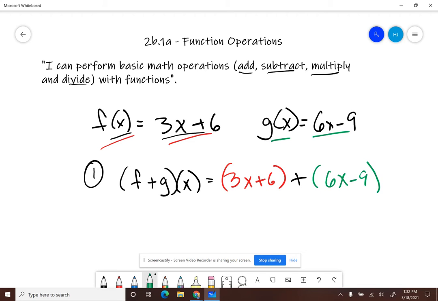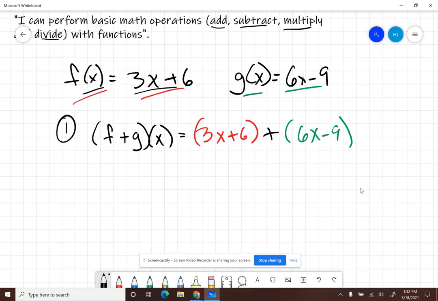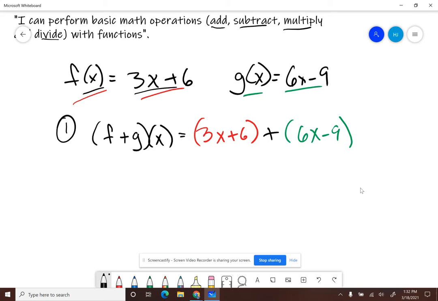Now, you remember when we talked about complex numbers, we've talked about it several times, when you have addition, the parentheses don't really mean anything, but it's a good habit to do that just so you can segregate one area from the other. But in this particular case, they don't really add to or take away from the problem. So we could go ahead and rewrite this as 3x plus 6 plus 6x minus 9.